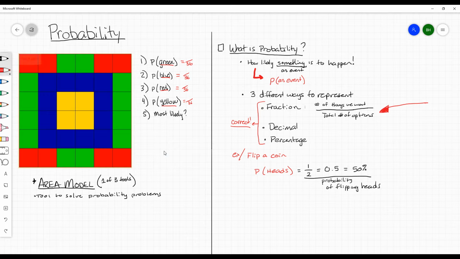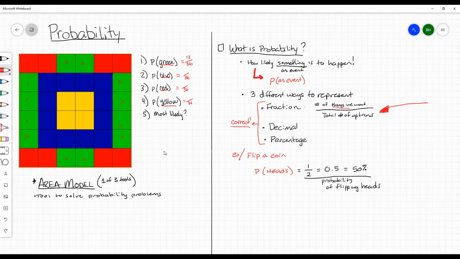Then it becomes easy to go back and find the number of occurrences for each of the events within this probability model. When we look at green, we count them up, and I'll put little x's. 1, 2, 3, 4, 5, 6, 7, 8, 9, 10, 11, 12.